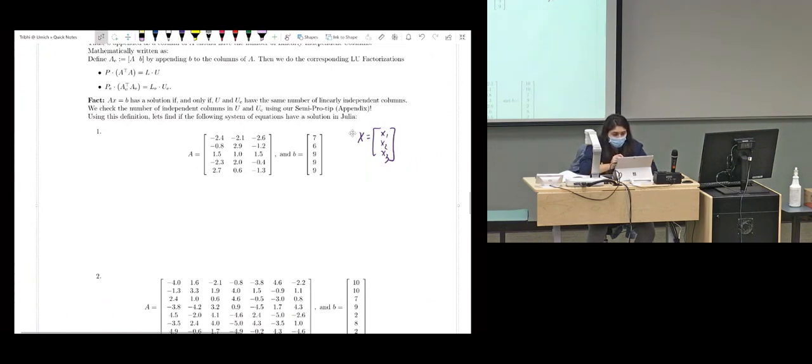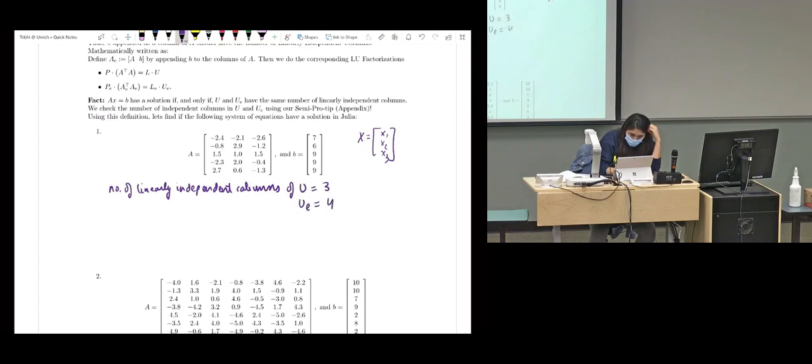Well, the number of linearly independent columns of U was 3 and of UE was 4. These are not equal.